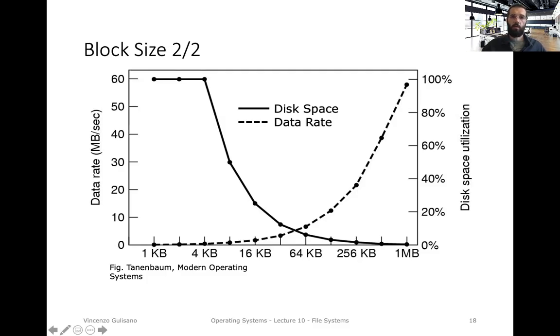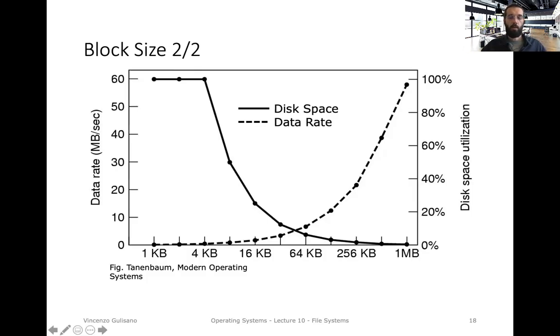If you look at the data rate, which is the dashed one, you see that the larger the block, the higher the data rate, okay? So basically you can go up to 60 megabytes per second if you have blocks of 1 megabyte. It depends, of course, on what disk you use, its own speed, and so on. But the idea is that this will grow.